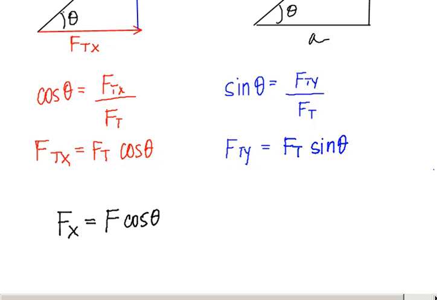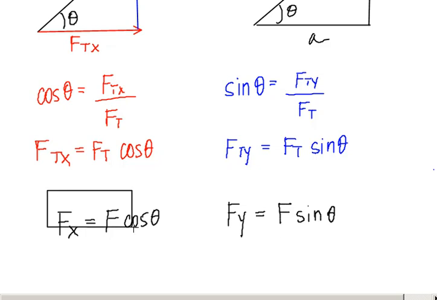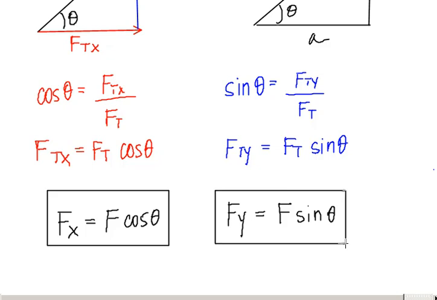Okay? Because that's where we've measured it up here, to the horizontal. Again, I could find the y component of whatever force it is, a weight force, a tension force, a spring force, times the sine of the angle that is measured to the horizontal. So those are two general equations for finding your components.